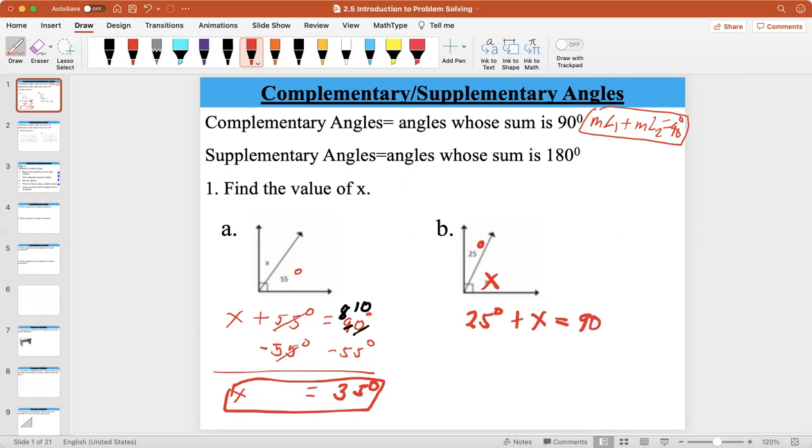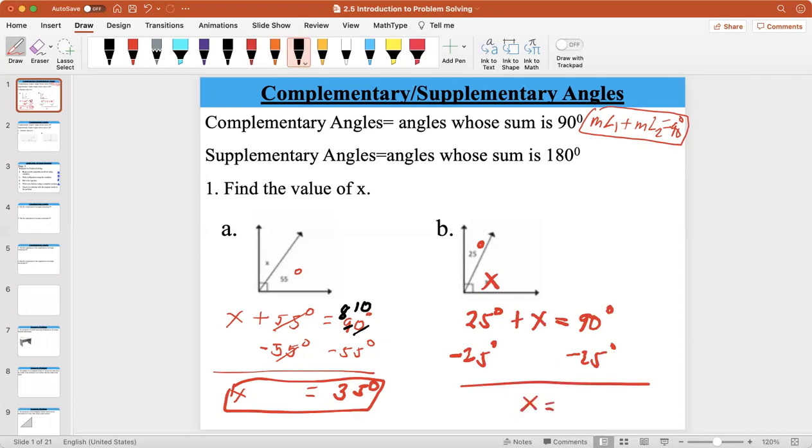Okay. And now we have x. Let's solve for x. Minus 25 both sides. Okay, minus 25 degrees. I forgot the degrees there. And so we have x equals 90 minus 25.